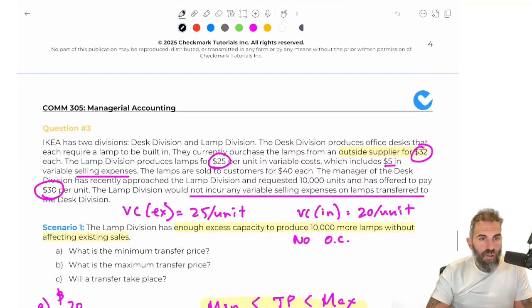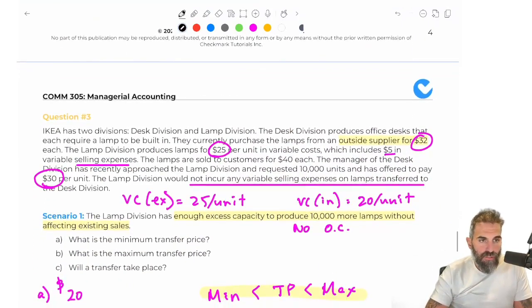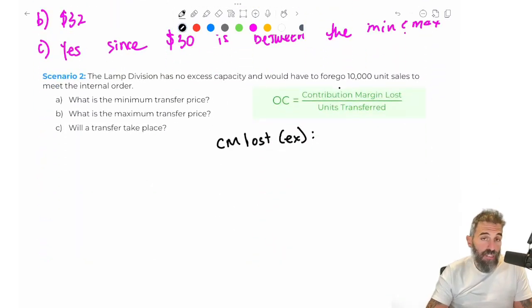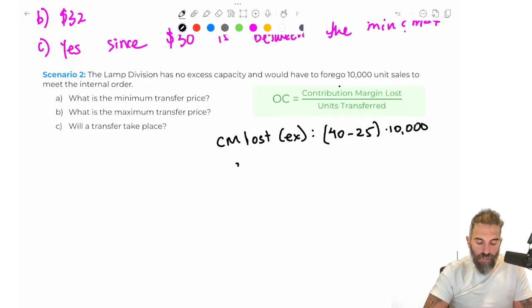The lamp division sells the lamps for 40, but has an external variable cost of 25. So remember what contribution margin is. It's the selling price minus the variable cost, times 10,000 units. So if they accept this order, they're going to lose 15 times 10,000.